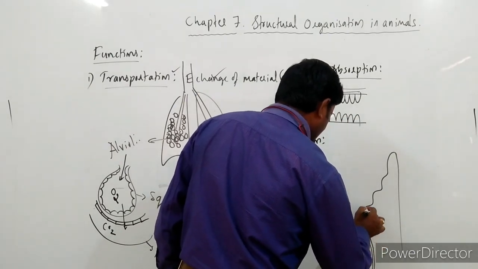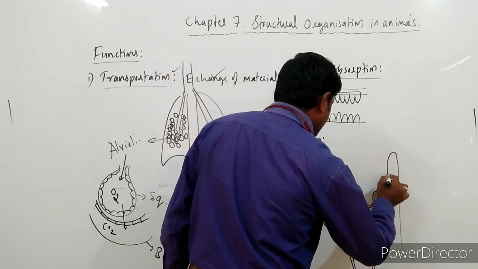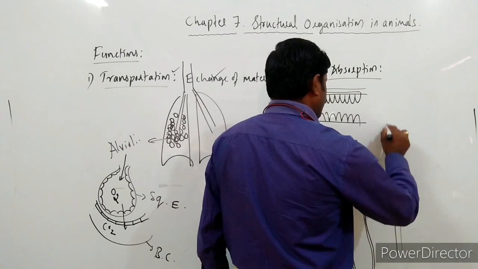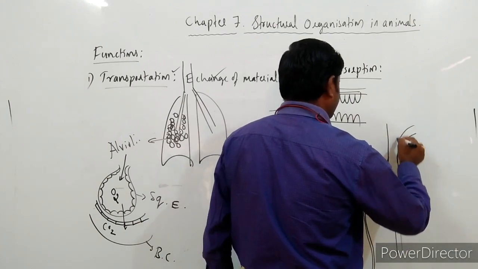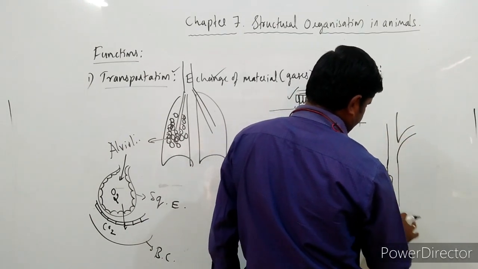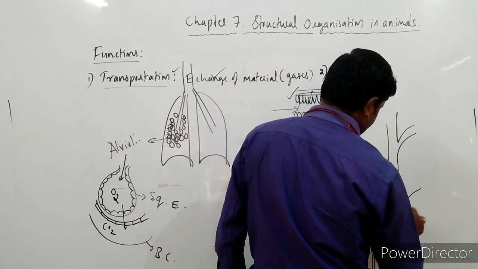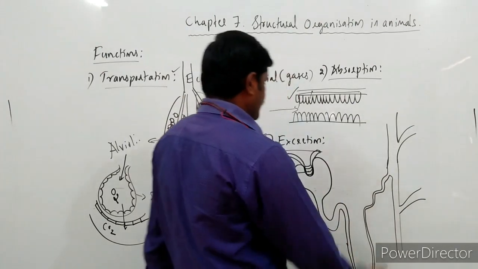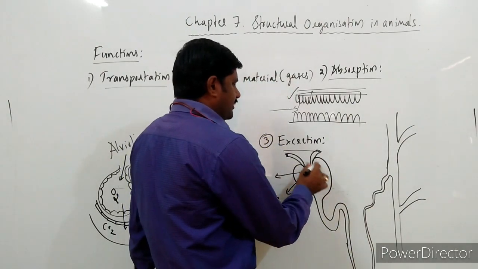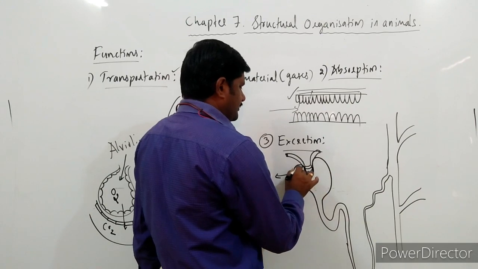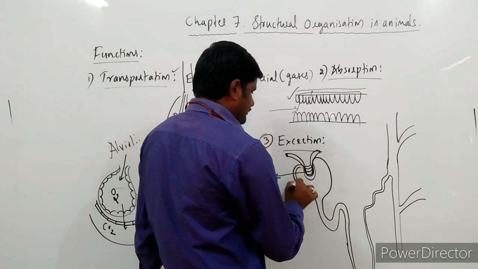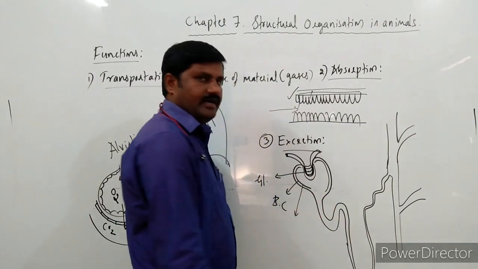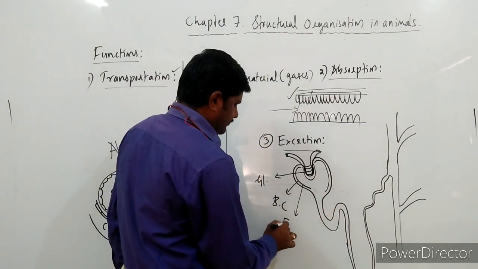See here, so like this, this is the collecting duct. In this Bowman's capsule, especially this lining, is lined by the epithelium.